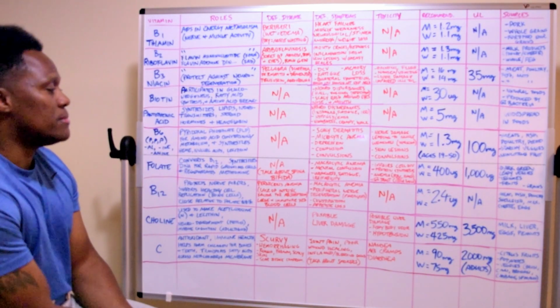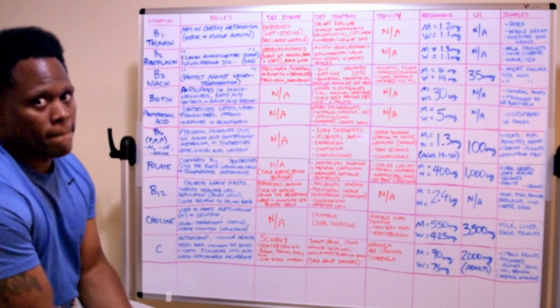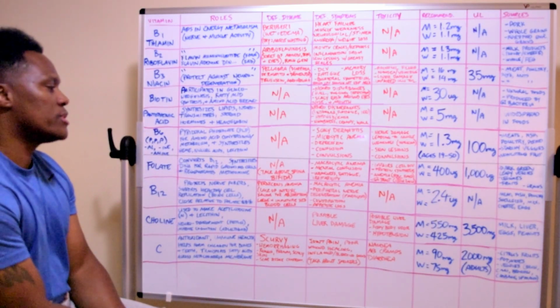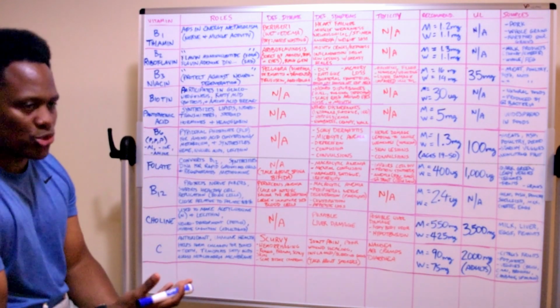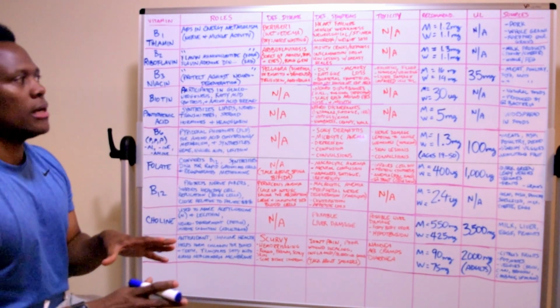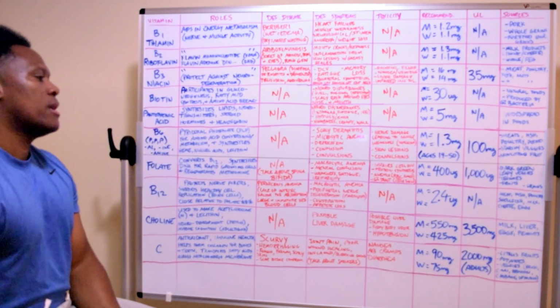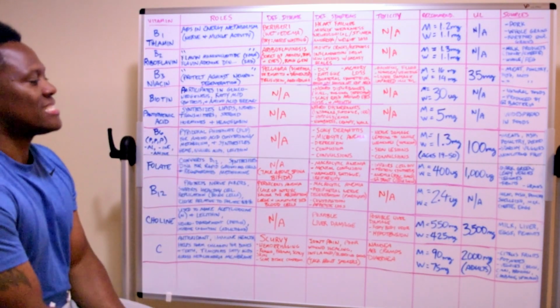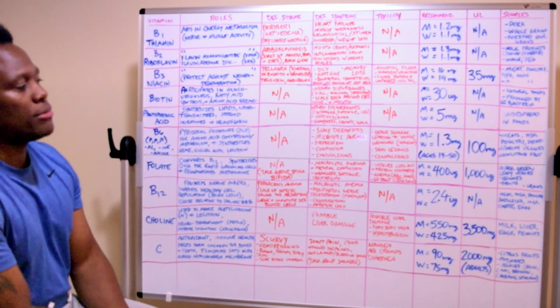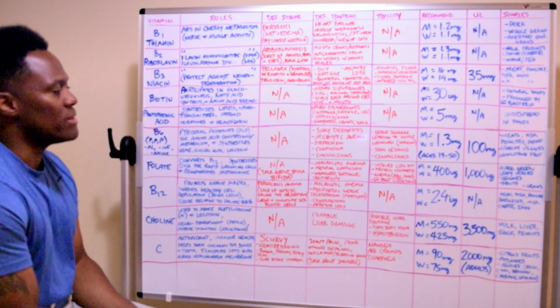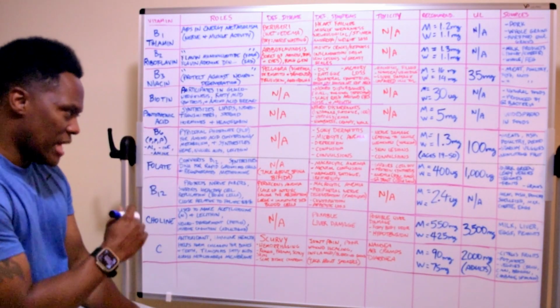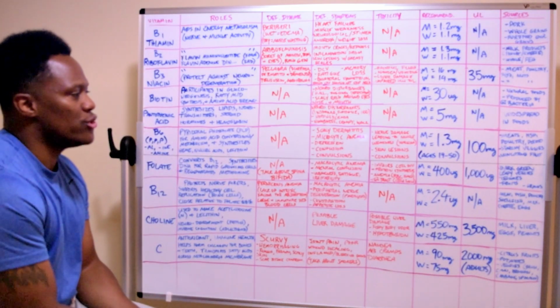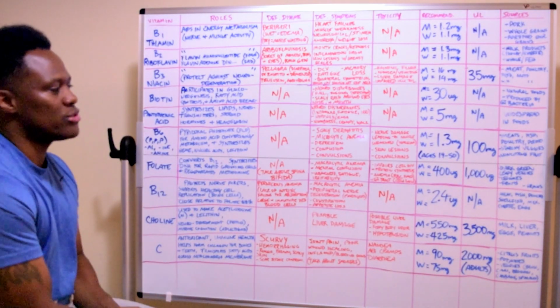For deficiency symptoms, macrocytic anemia, right? And then we have mental confusion, weakness, fatigue, and irritability, which of course are all neurological disorders or neurological degeneracies. Now, toxicity, okay, and as you can see, an upper limit's been established as a result, but if you get folate in excess, it can impair your cells' divisions as well as protein synthesis.